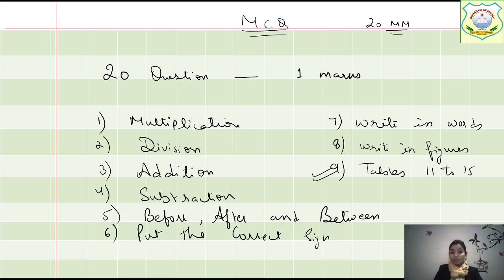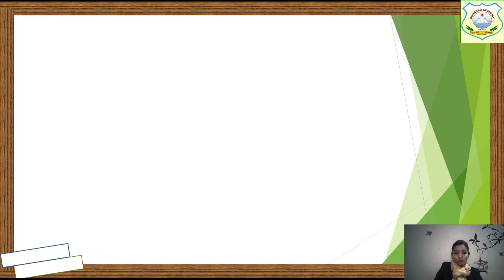20 questions will be there of 1 mark and the time will be 1 hour. 1 घंटे का पेपर रहेगा and you will be getting the Google form. So do it properly, practice more and more. And you all know that the paper pattern is like this. Question 1, A, B, C, D, 4 options. जो सही है उस पर टिक करना.